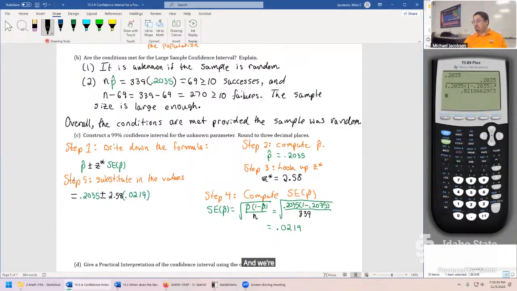And we're just about there. We substitute in the information, and as a step 5, compute the values.